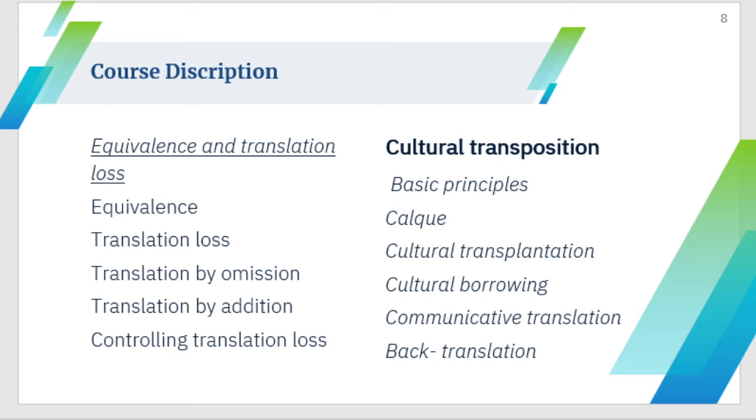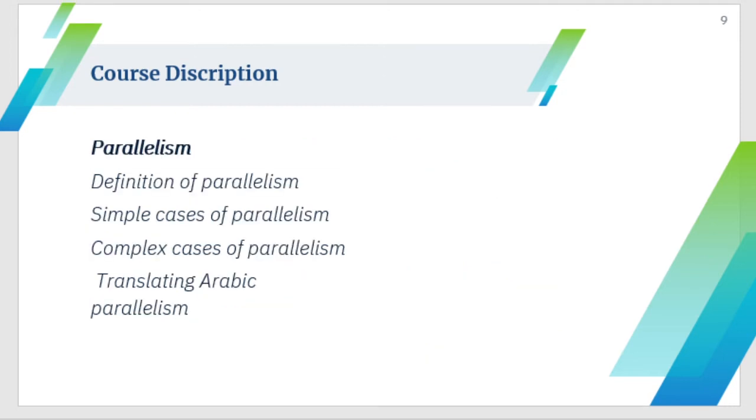We will know about cultural borrowing, communicative translation, and back translation. And finally, during this course, we will learn about parallelism. So we will know the definition of parallelism, simple cases of parallelism and complex cases, and we will know how to translate Arabic parallelism.